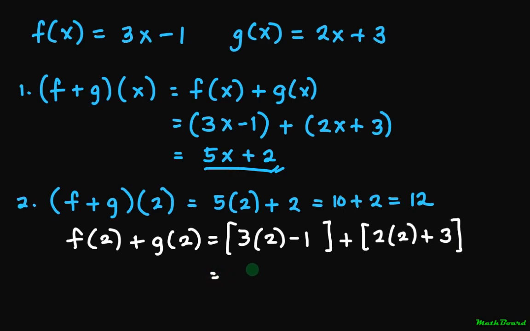So 3 times 2 is 6 minus 1 plus 2 times 2, 4 plus 3. So as you can see, 6 plus 4, 10 minus 1, 9 plus 3 is still 12. Okay? So that's how addition works.